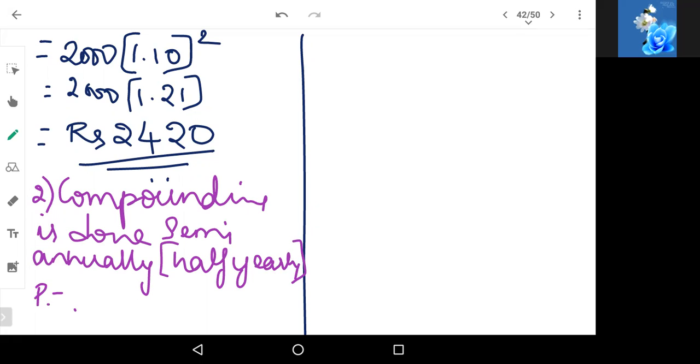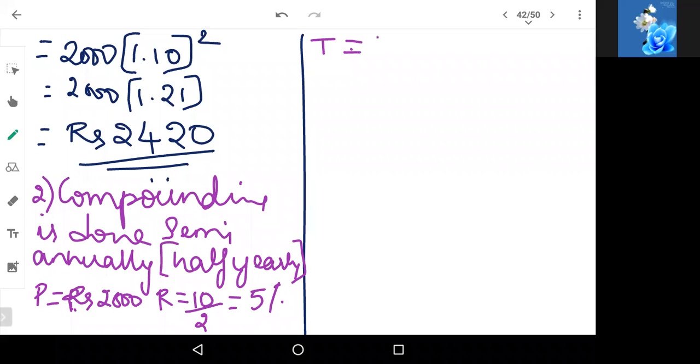Rupees 2000 is the principal, and the rate of interest, since it is half yearly, is 10% divided by 2, which will be 5%. And the time period is 2 years multiplied with 2, so you will get 4. So 4 half years. That is the time. Now put the same formula.